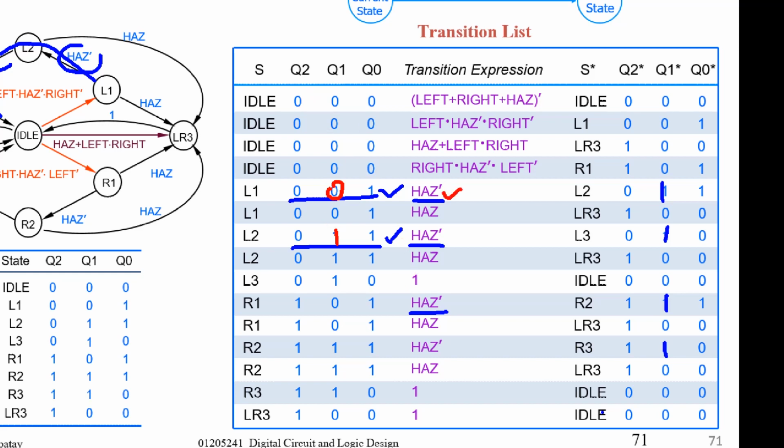That means when you combine this and this together, the result will be q2 prime and q0, Q0 is 1, and then hazard prime. You can reduce the number of variables in the expression. Or this one also, this and this? No, it's two bits different.